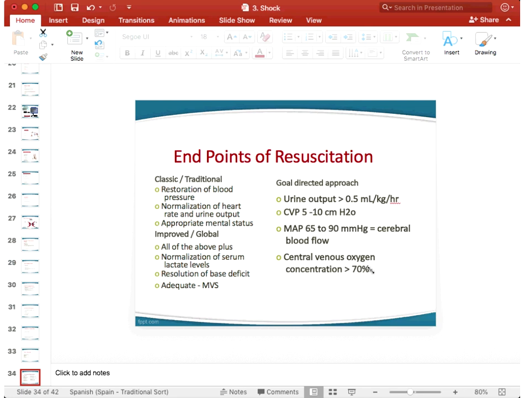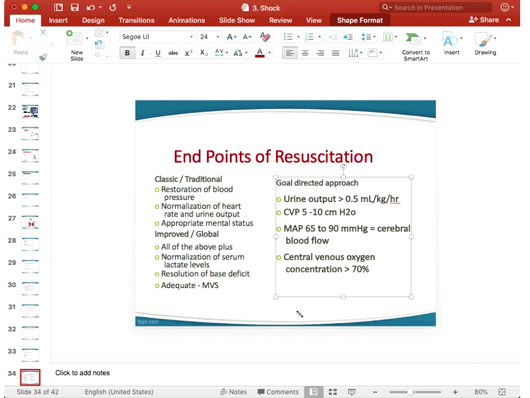That means that the patient is not requiring that much oxygen, so his tissues are well perfused. And his urine output has to be, at the very least, 0.5 milliliters per kilogram per hour. That will ensure that your patient is well hydrated and is keeping enough blood pressure. Therefore, your cardiac output is sustainable.